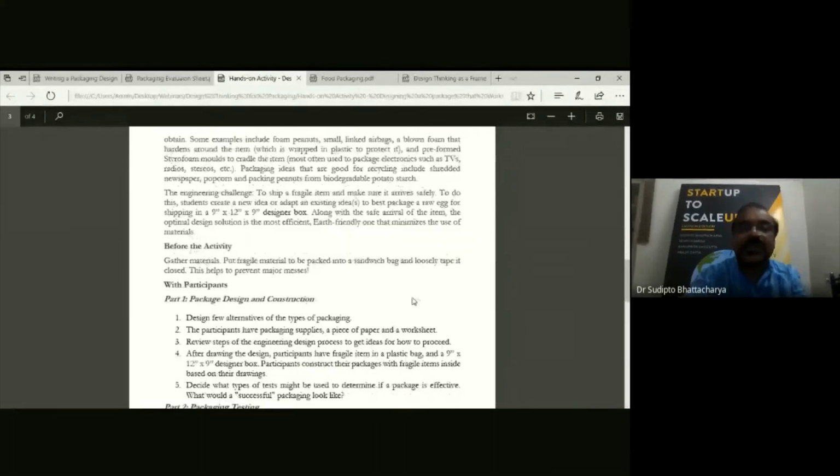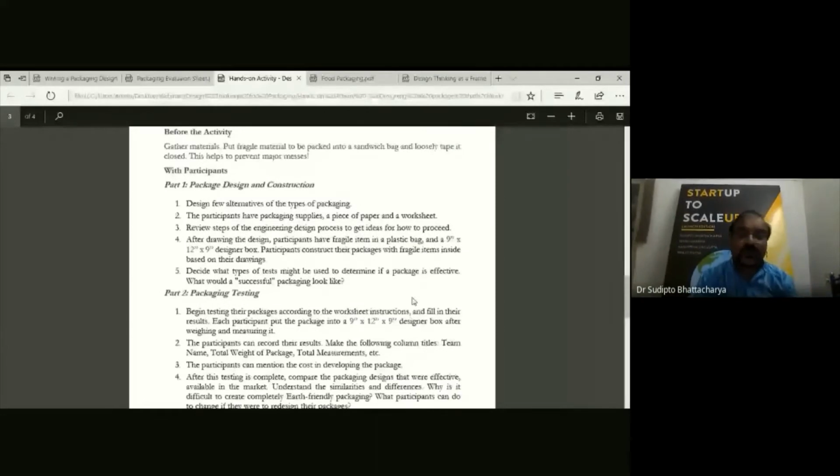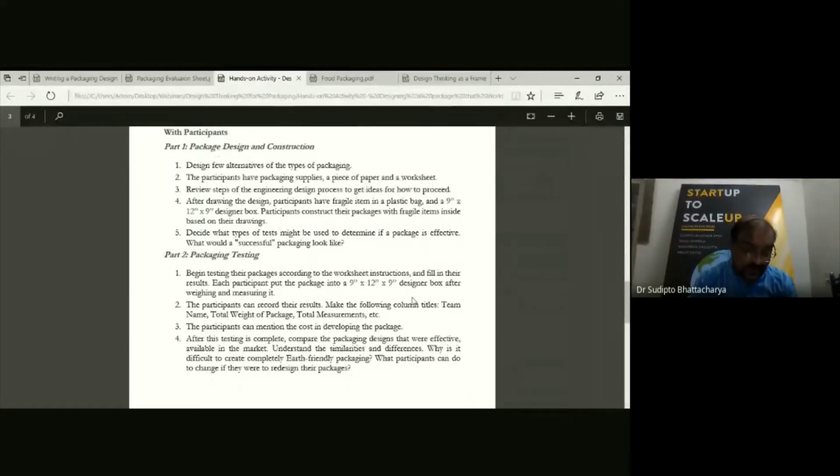So actually in this activity, I wanted you to do 2 things. One is this package design and construction, where you have to find out a few alternatives to this type of packaging. The participants can have packaging supplies, a piece of paper, and a worksheet to do it. You can review the steps of the engineering design process, which I showed you on the top, and then you can draw the design, and you can find out how the package can be constructed with the fragile items in it.